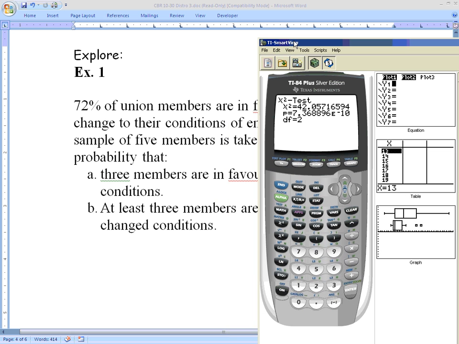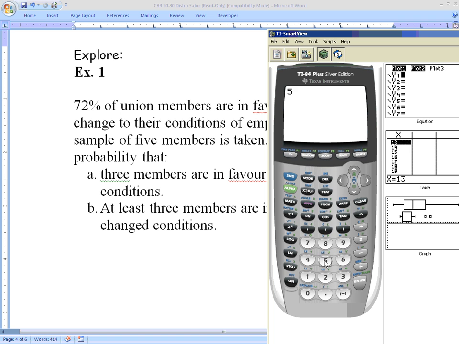So I will show you how we can do that. We said that we were doing 5 choose 3, so 5, and then we go to math, and arrow over to probability, nCr, so we have 5 choose 3, times 0.72 to the power of 3, because there were 3 members that we wanted to have be in favor, and then times our probability of failure, which was 0.28, or the complement of our p, to the power of our remaining members, which would be 2, and we end up with a probability of 0.293.